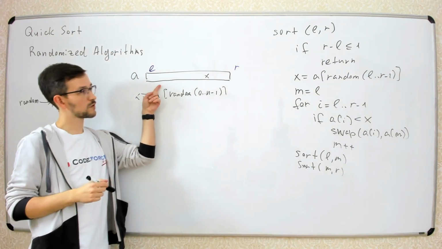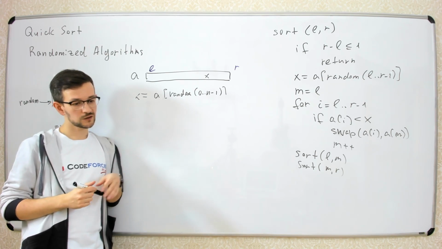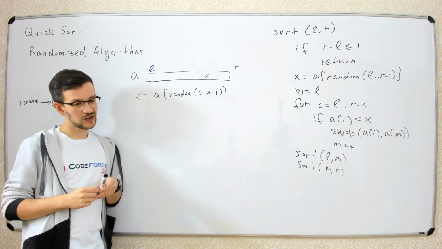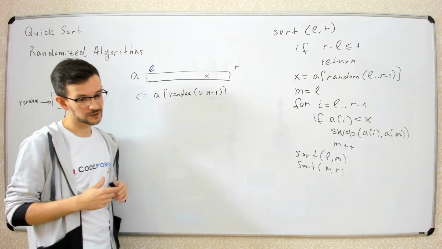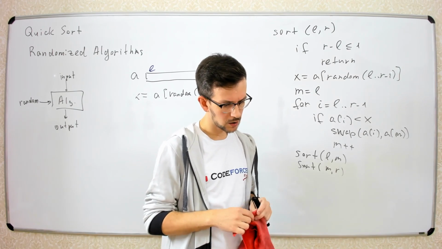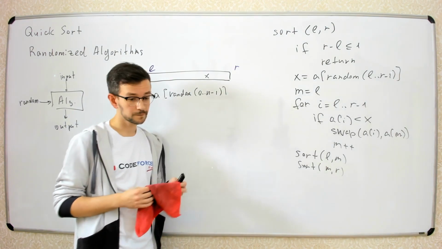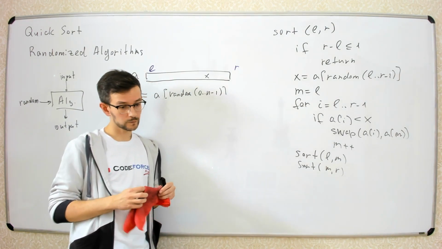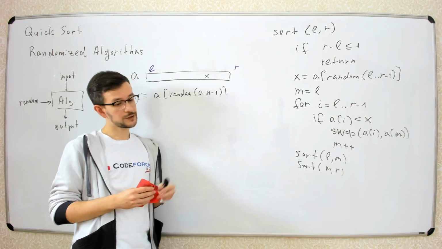So let's say we have array A. What element can we pick that will be the worst possible random element? A0 may be a good element.